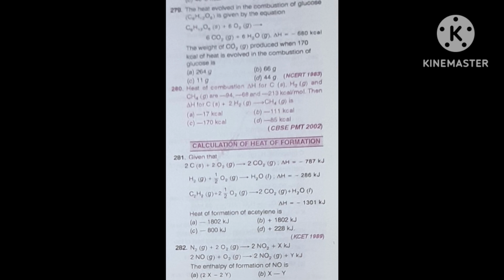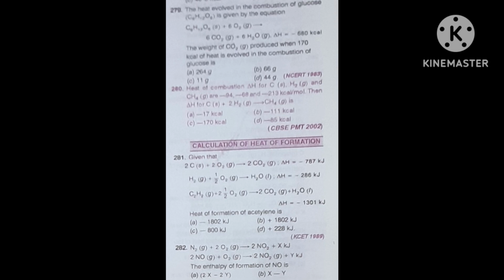Then first equation plus 2 into second. After that you do minus third, and put all values. Correct? Then you will get the required result. The value I told you, minus 17 kilocalorie, you will get after putting the values, and just simplify it.